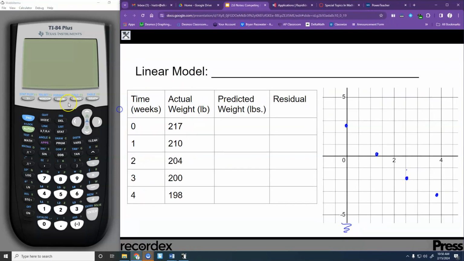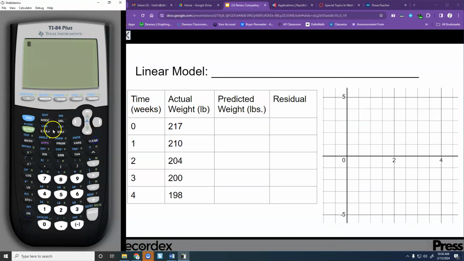So we should be getting pretty good at this by now. We can go to Stat, Edit, clear out anything that you have there, and type your data.